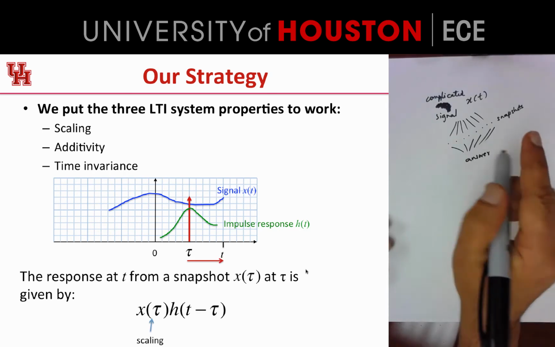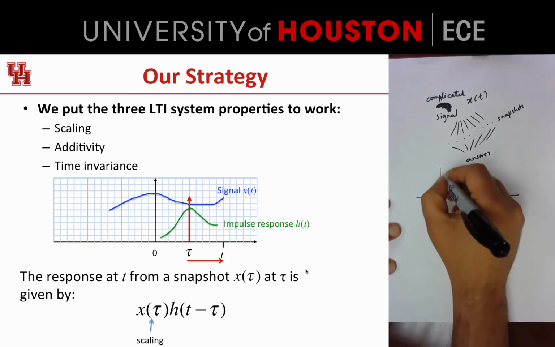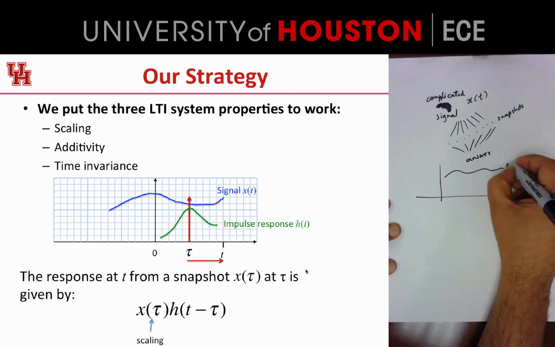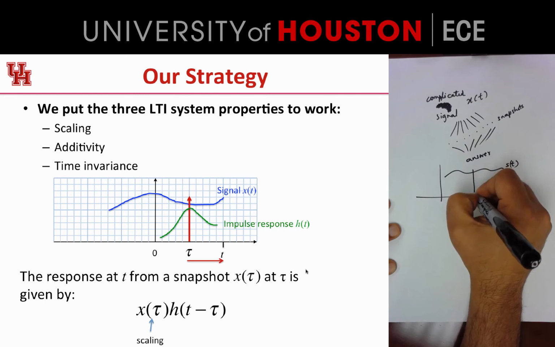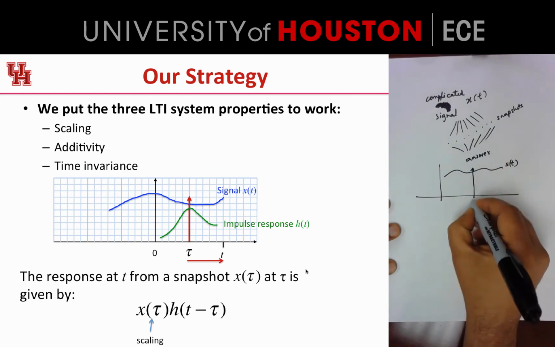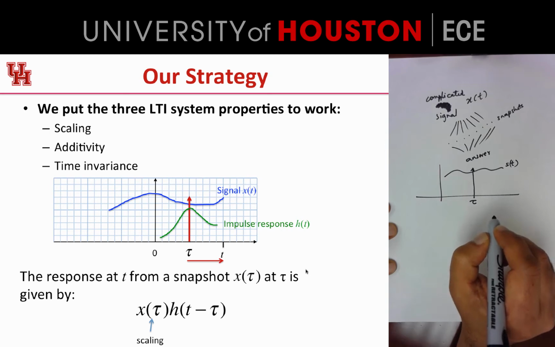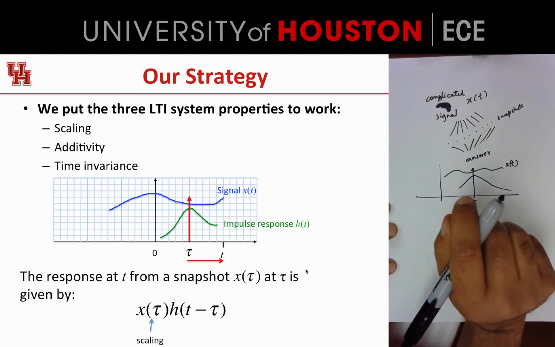Suppose I have a signal s of t, and suppose I have a snapshot at time tau, and I know the impulse response. Suppose the impulse response looks like that.